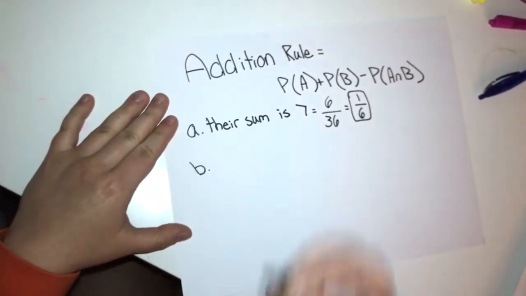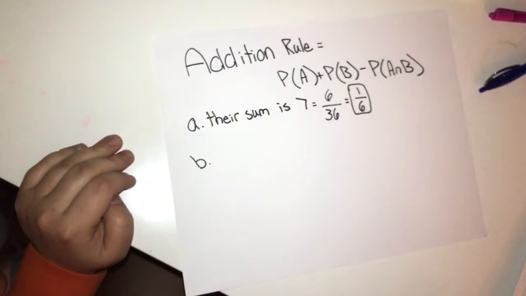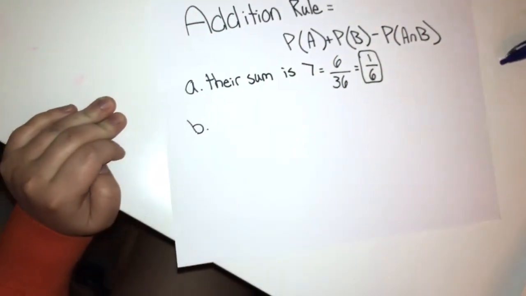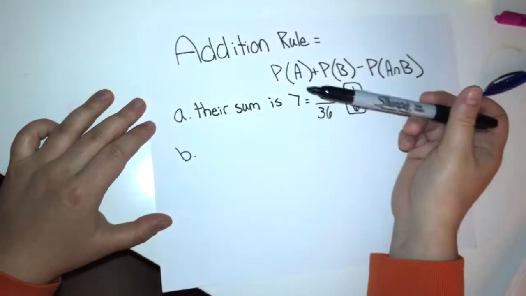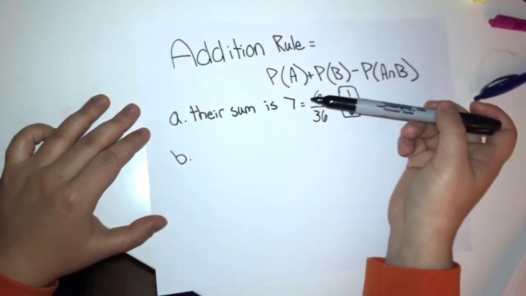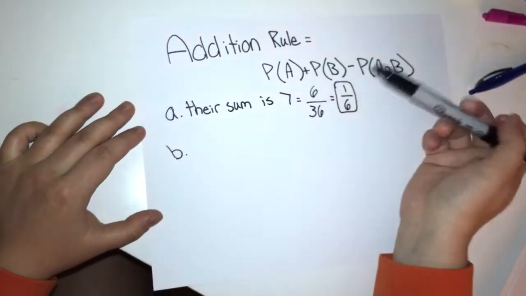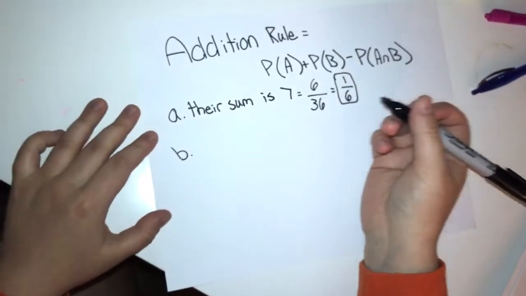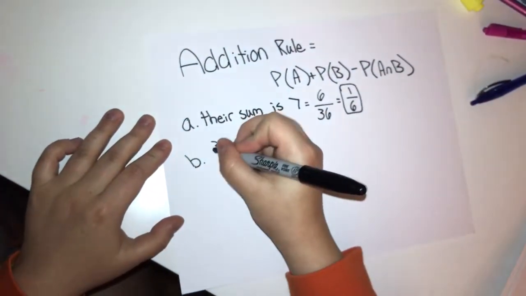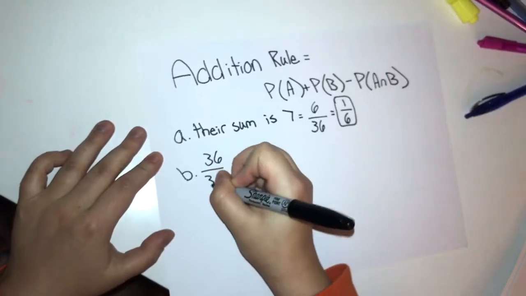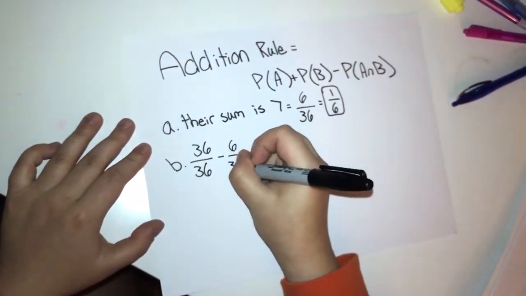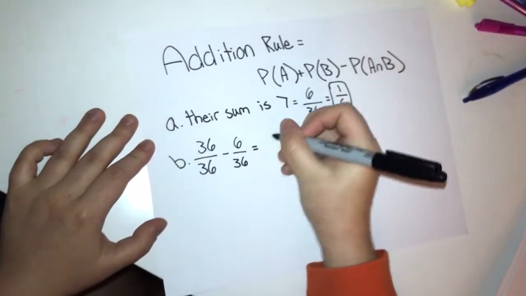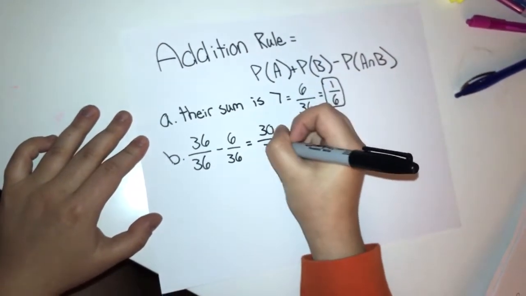And the second probability is their sum is not 7. So if we know that the probability of their sum being 7 is 6 over 36, then we can do 36 over 36, which is equal to 1, minus 6 over 36, which equals 30 over 36.